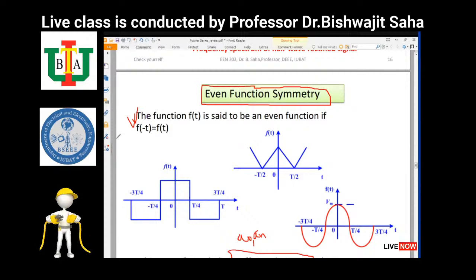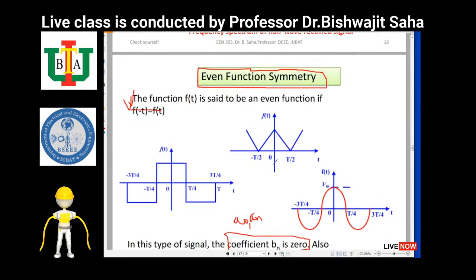So here we will see how we can find whether the function is even function symmetry or odd function symmetry. Let me show you one example firstly. This signal, this one, the triangle wave shape. Here I can show you this condition based on time.